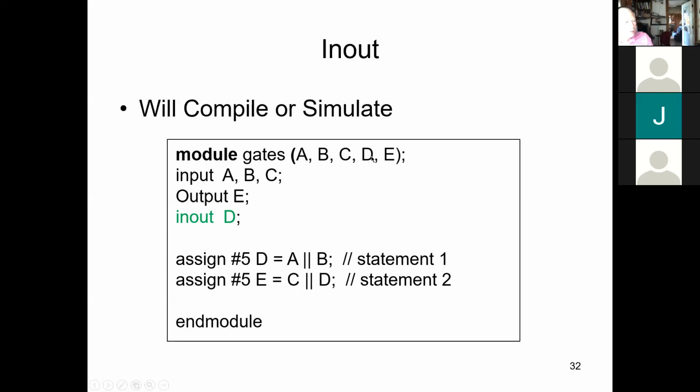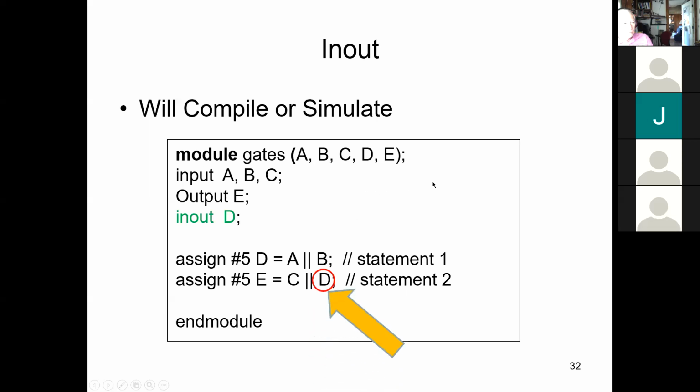So you could specify D someplace else, but if A and B change, this would conflict then with the definition of D coming from some other place. And if you think about that as a hardware example, you could create a short circuit where one gate's trying to make D 5 volts and the other gate's trying to make it 0 volts, or 1.8 volts and 0 volts, or whatever. So you always have to keep in mind, you really cannot change these things in multiple places and expect it to work correctly.